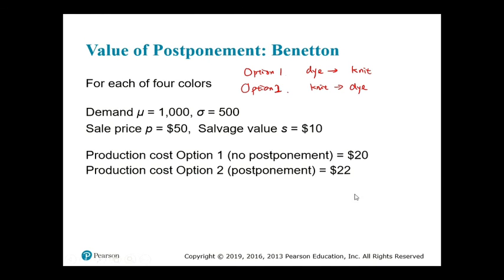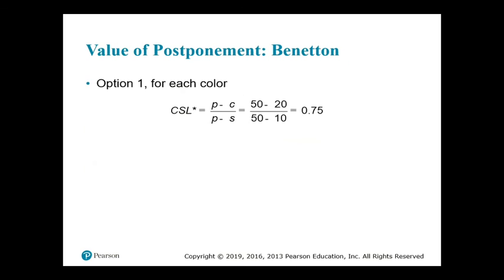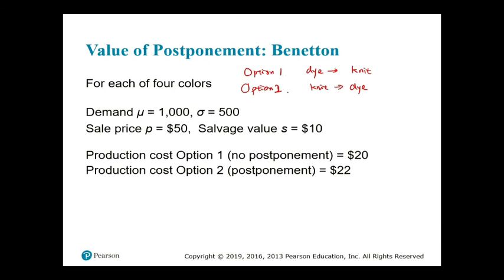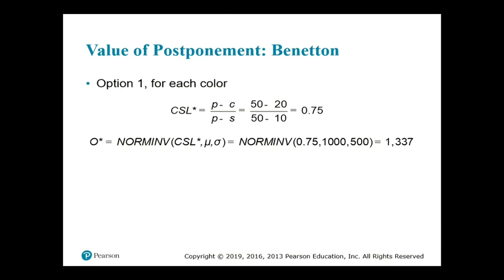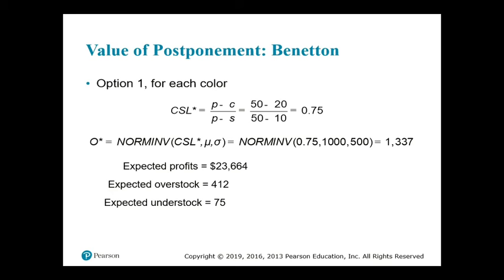This is also a key feature of postponement, that usually late differentiation is slightly more costly than early differentiation. So the optimal CSL levels for these two options would differ slightly because of the production cost difference.